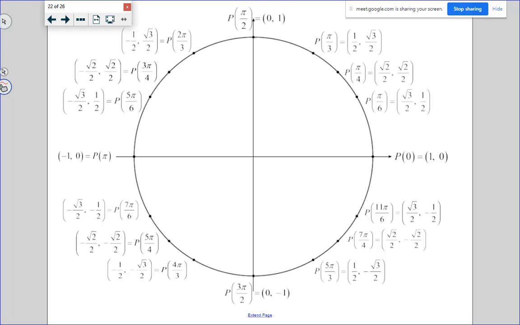Some people freak out about the unit circle because if you were to walk in the room or log into this Google Meet and that was the first thing you saw and I said you need to know that, that's a little terrifying. But I will set your mind at ease a bit because you don't need to memorize the whole thing.